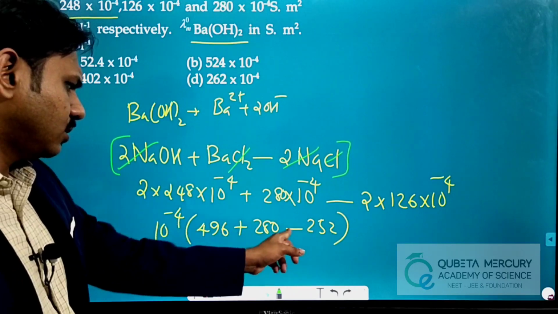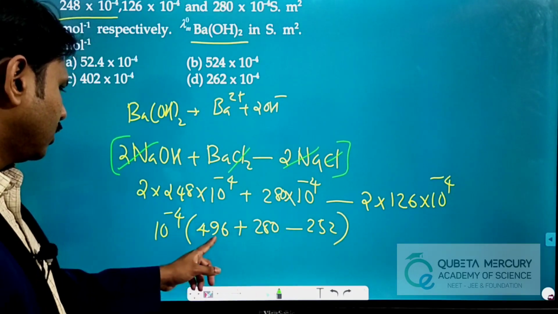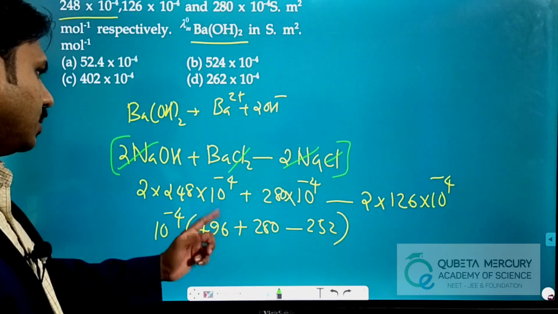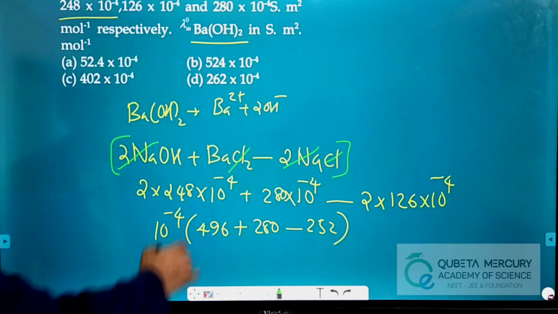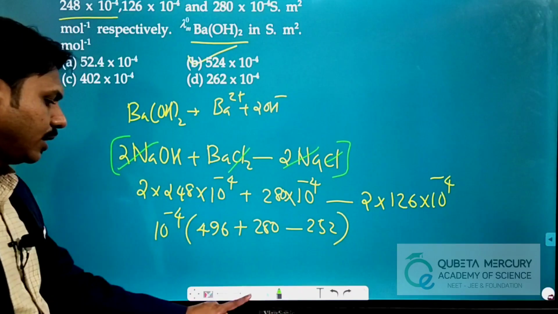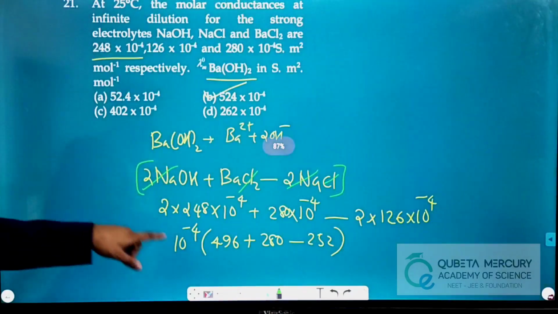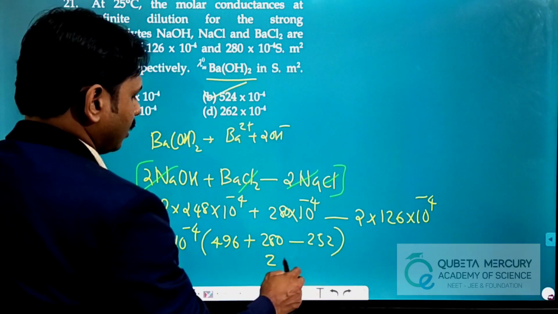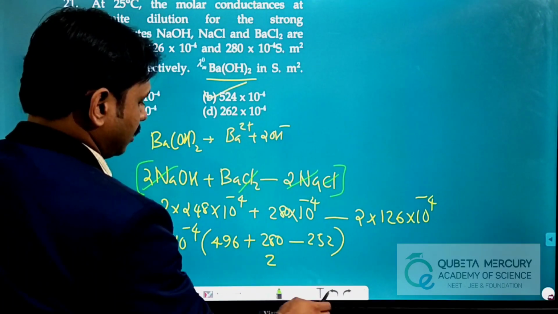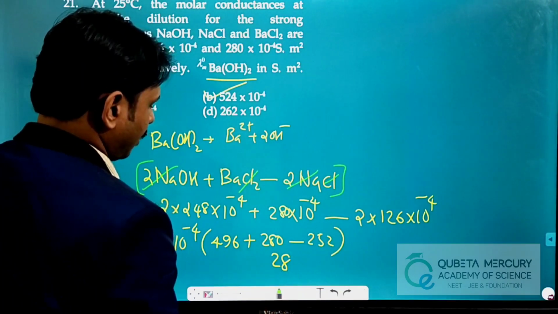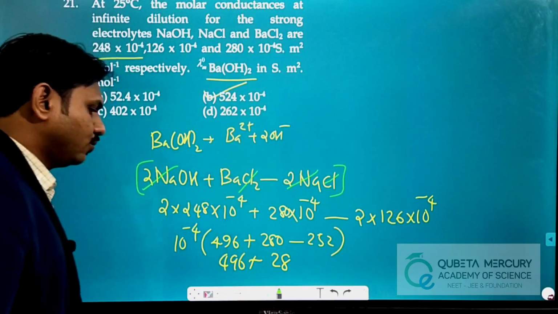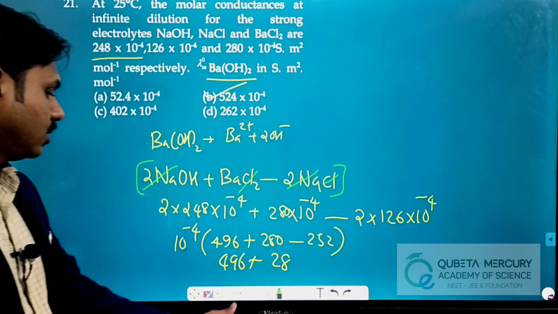The difference is 28. 496 plus 28, or 500 plus 20, 524 around is what we get. 524 into 10 raised to minus 4 is the right answer. Solve this, you will get it. The difference here is 28, right? 28 plus 496 will be 524. Next question.